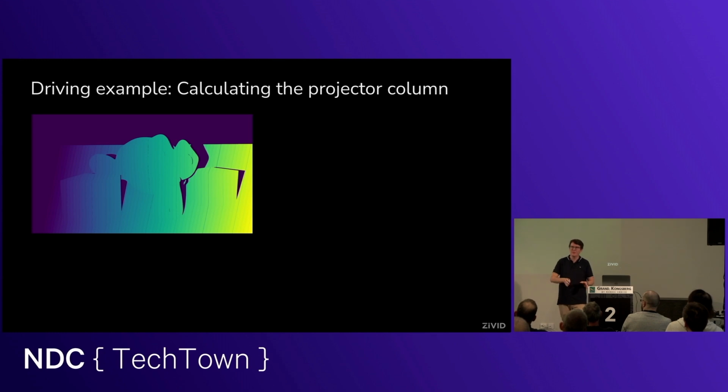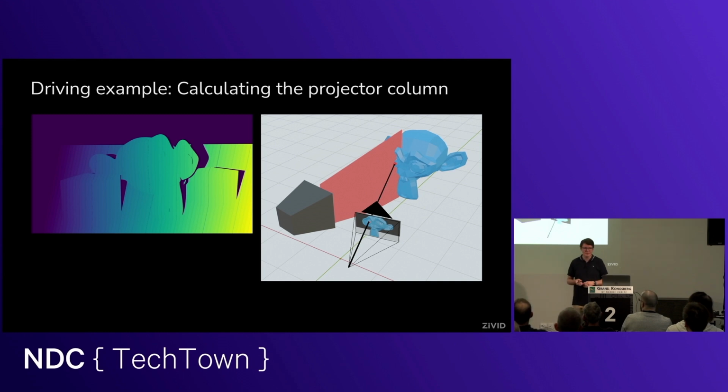We're only going to stop at figuring out, in the camera space, from which column on the projector the light came, which is what's shown in the image here. Same as we talked about before, it's this intersection with the plane that we're going to set ourselves up to compute.